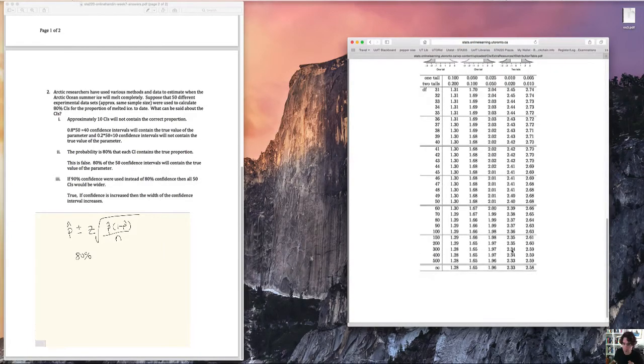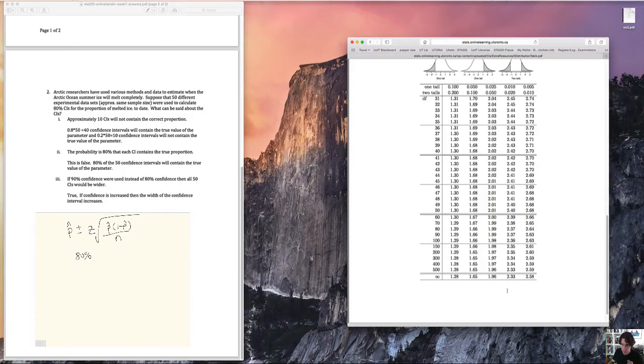If you scroll down to the bottom, the 80% value is Z equal to 1.28, and for the 90% value, 1.65. So you can see that in the formula, if you use 1.28 versus 1.65, using 1.65 will lead to a wider confidence interval.